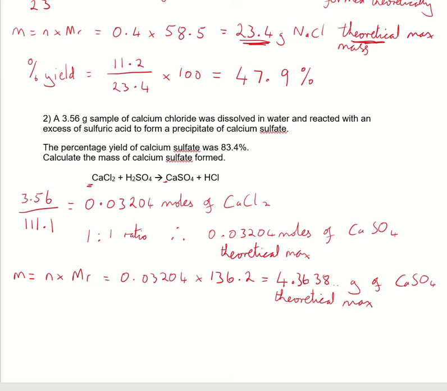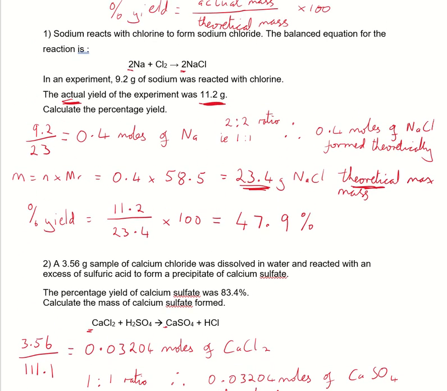Now it says, however, the percentage yield of calcium sulfate was 83.4%. Calculate the mass that did actually form. So this is basically the 100%. If it was 100% converted, I would have got that mass, but I only got 83.4% of it.